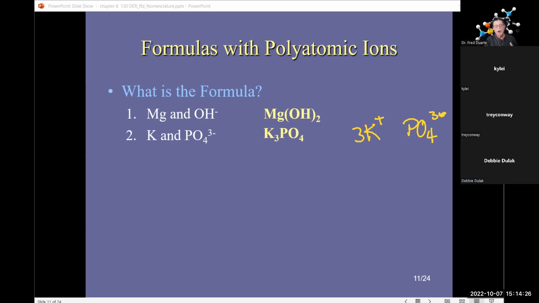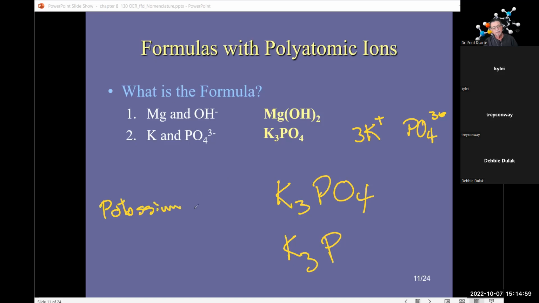And you might ask yourself, let's say I'm given K3PO4, how do I know that the PO4 is a polyatomic ion? As a general guideline, K3PO4 versus K3P: this is potassium phosphate.